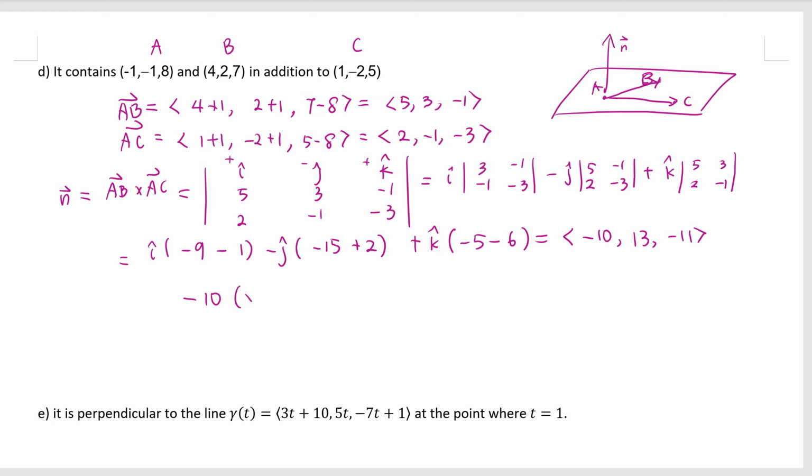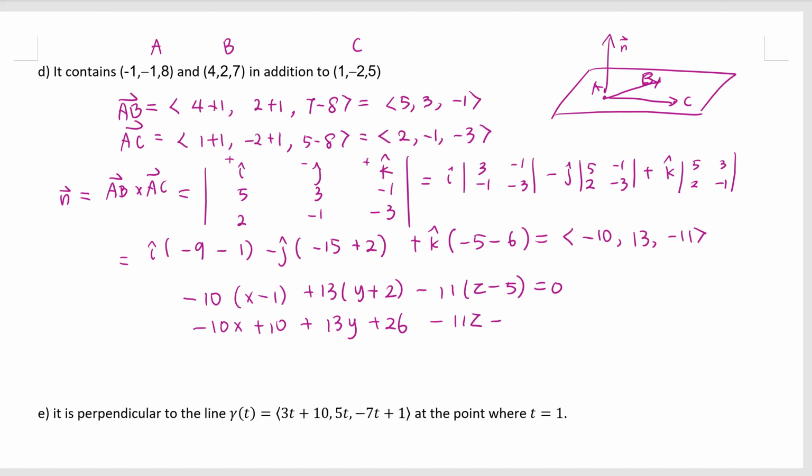So x minus 1, y minus negative 2, so it becomes y plus 2, and then z minus 5. Okay, now what happens? Negative 10x plus 10, plus 13y plus 26, minus 11z plus 55.